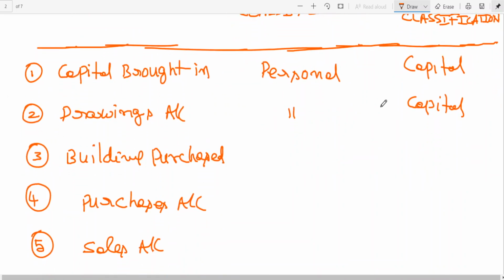Accounting equation approach. Building purchased, real. Asset is purchased, real. Here we write asset. Then purchases, real.